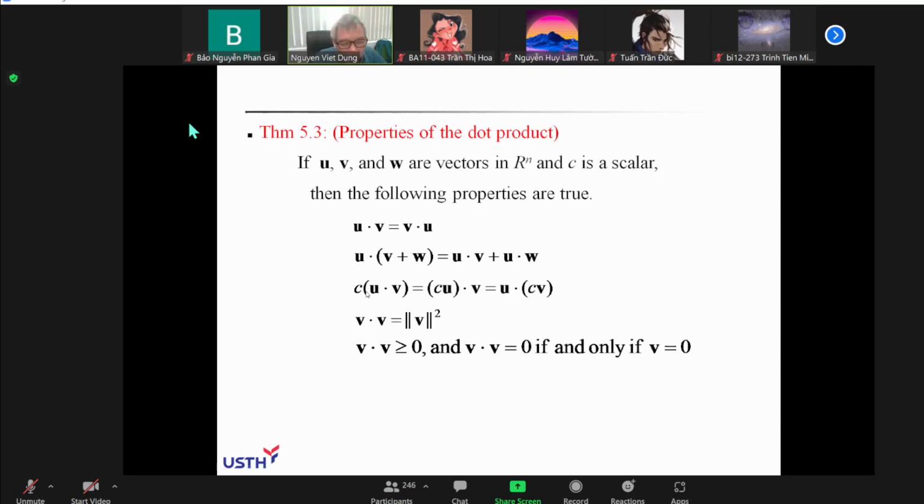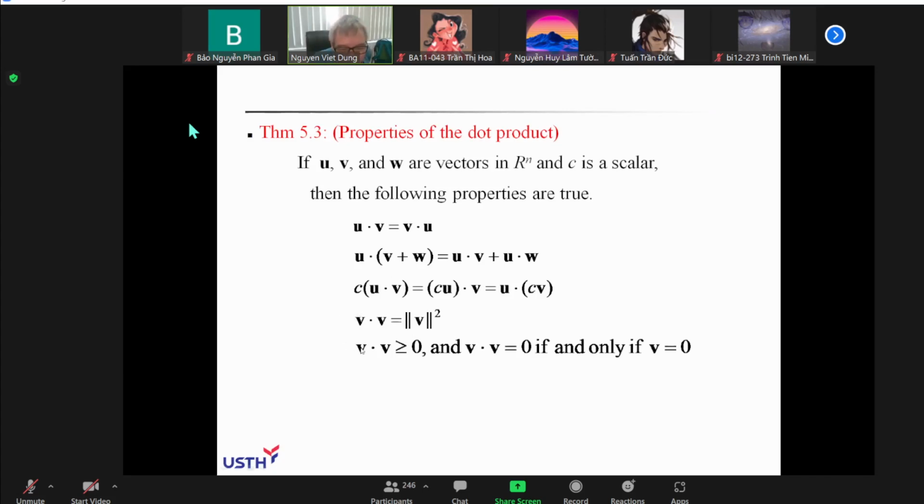However, you have c times u dot v equals cu dot v equals u dot cv. And that one, the property number 3, I don't think it is hard; you can prove it just by using the formula.